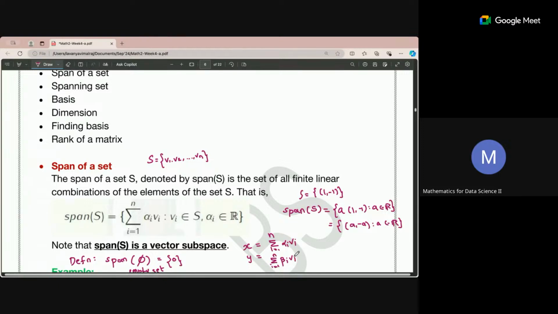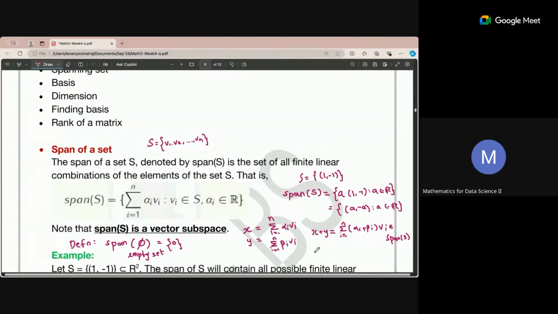These are typical elements of span of S. Now what happens to x plus y? It is summation of i equal to 1 to n, alpha i plus beta i, times vi. Obviously this is also in span of S, correct? So it is closed under addition. What happens to scalar multiplication?